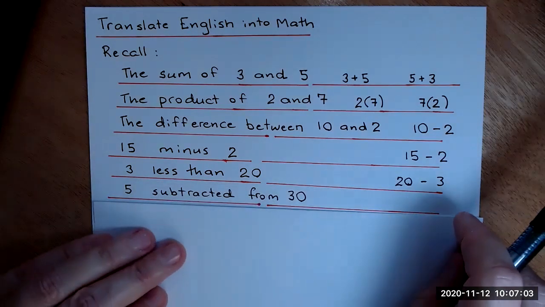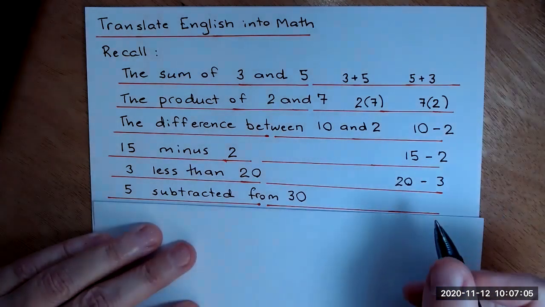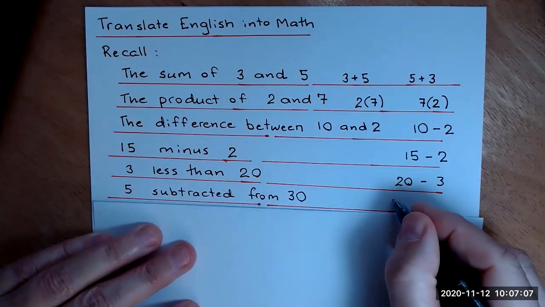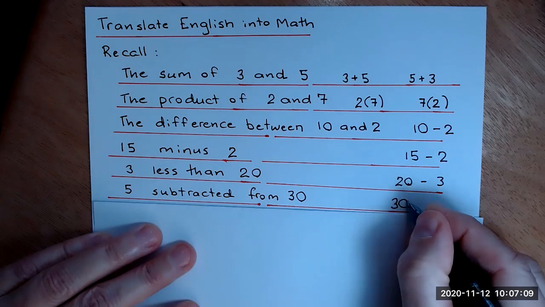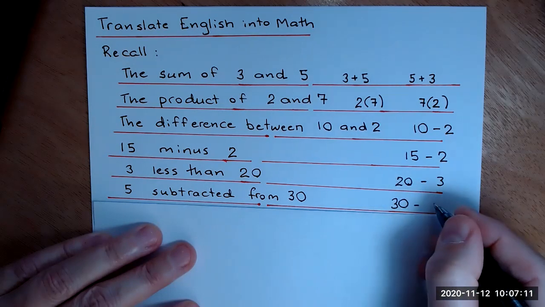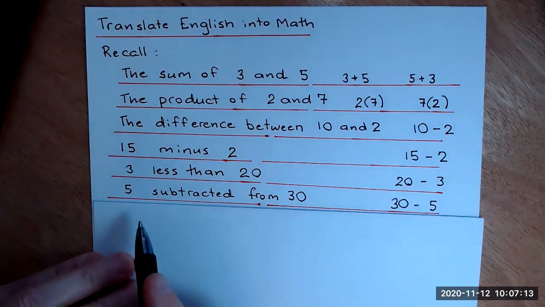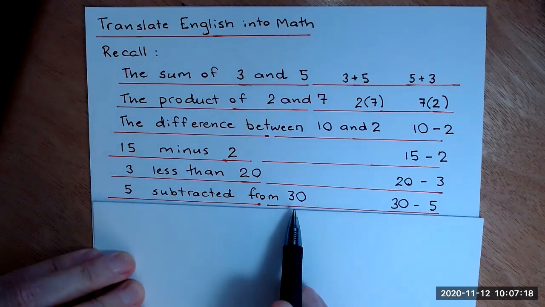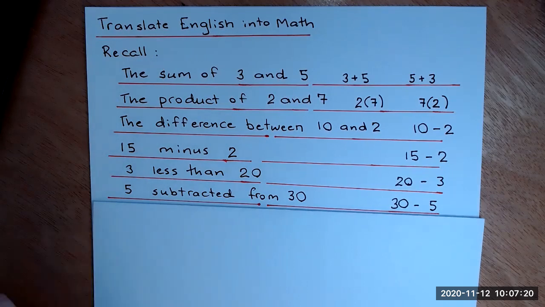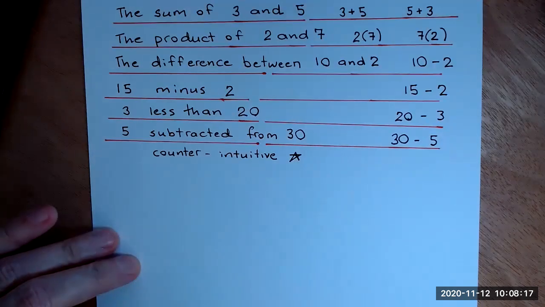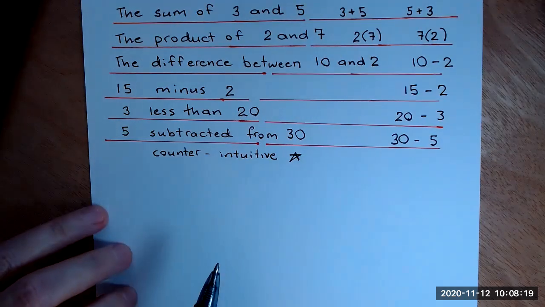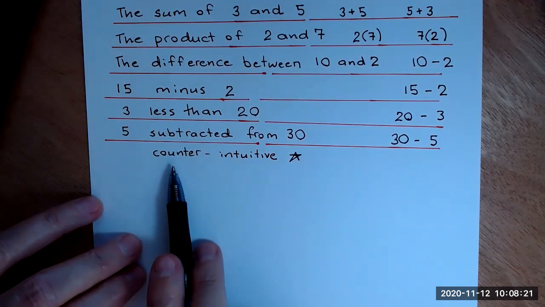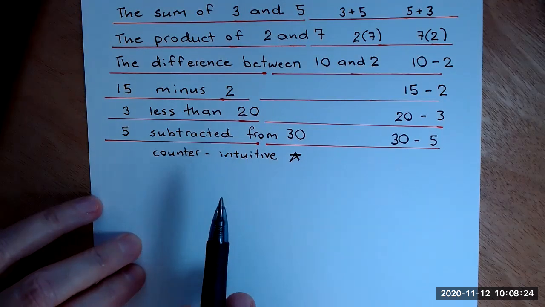5 subtracted from 30 is a little easier to remember. And that's also a counterintuitive statement because the numbers in the math statement are in the opposite order that they are in the English statement. All right, so that's called counterintuitive.